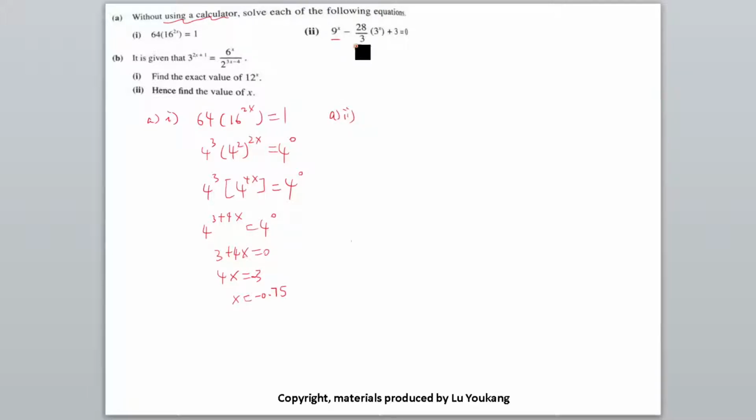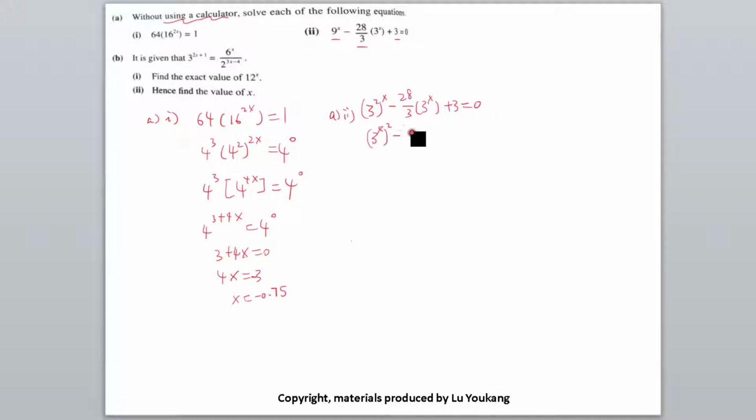Same thing, you have to make the base the same. Over here, it looks like the base must be 3. So 9 to the power of x is 3 to the power of 2 bracket x, minus 28 over 3 times 3 to the power of x, plus 3 equals 0.